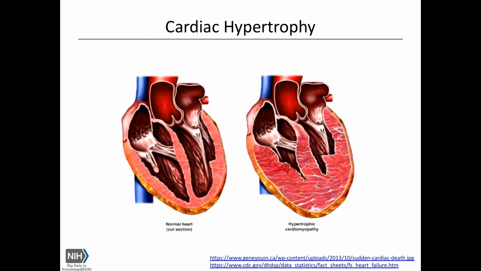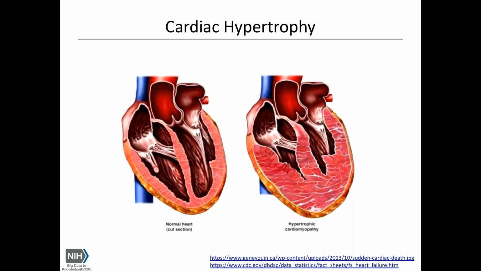So to begin, I would like to provide some background highlighting the importance of studying cardiac hypertrophy and the role of oxidative stress PTMs that may play in the development of cardiac hypertrophy. So cardiac hypertrophy is characterized as the abnormal enlargement or thickening of the heart muscle, which often results in reduced capacity of the heart to pump blood to the tissues and organs around the body.